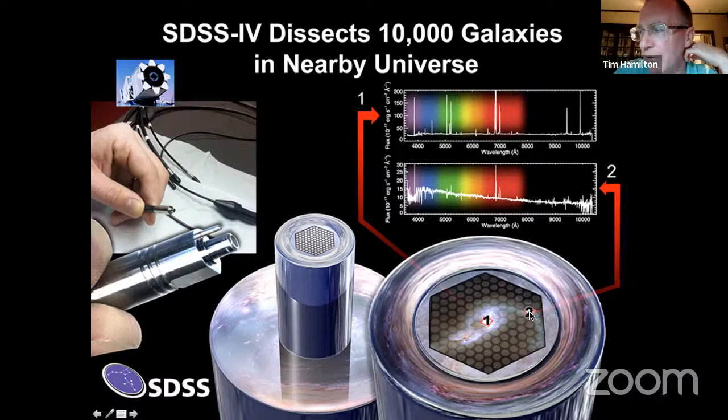While if you look at the edge of the galaxy here with fiber number 2, you might see something very different. Number 1 there is showing strong emission lines, possibly a little bit broad, with maybe H alpha. While fiber number 2 is showing the 4,000 angstrom break in the spectrum of a galaxy.